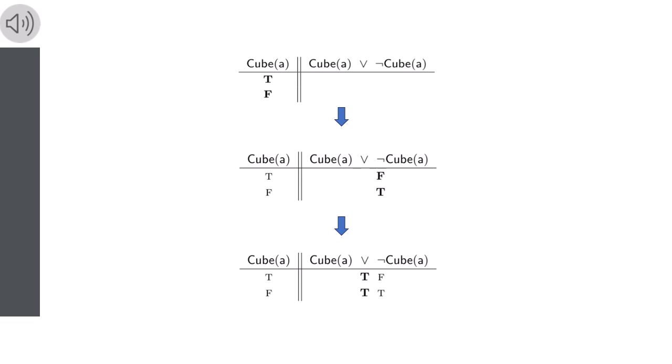So here we would look at cube A and negation of cube A, and both pieces of information for that are given back on that second line. So in the first row, cube A is true and negation cube A is false, so therefore their disjunction has to be true. On the second line, cube A is false and the negation of cube A is true, and therefore their disjunction is true.